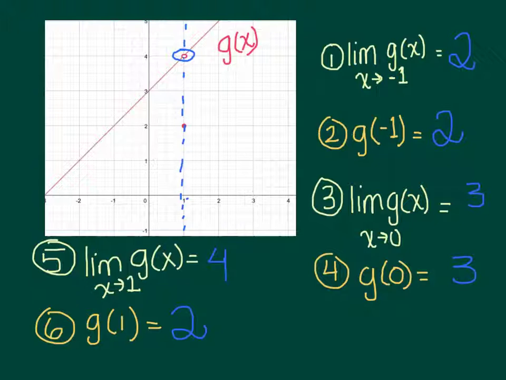And here we see the first break of the pattern. Just to re-emphasize, what's important for the limit is not what the actual filled-in circle says, but where we appear to be approaching. The limit is not concerned with the actual value at x equals 1.